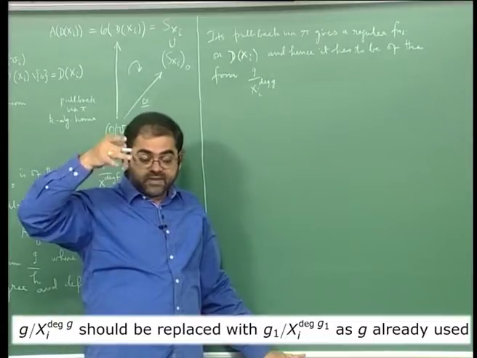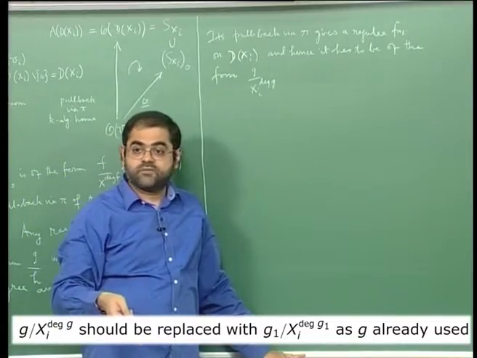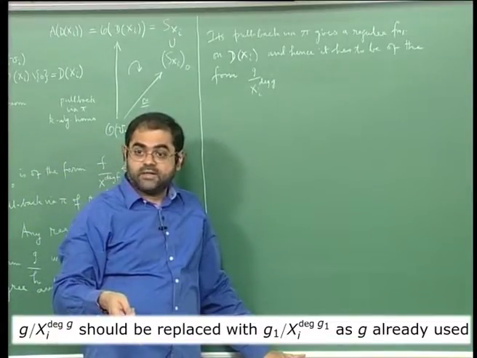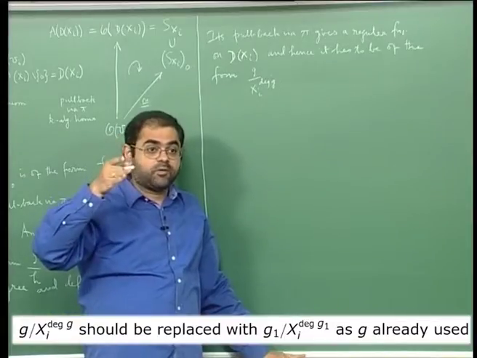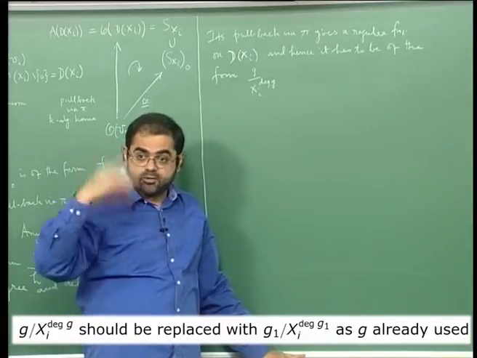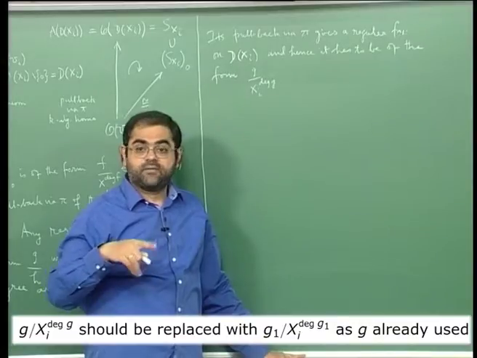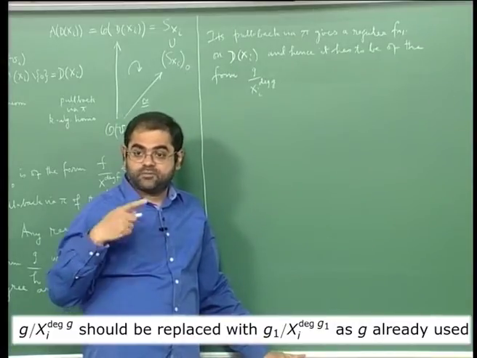But if it has to go down to a function on projective space, then the numerator polynomial f has to be homogeneous, and the denominator will be a power of xi, the power being equal to the degree of the numerator polynomial.